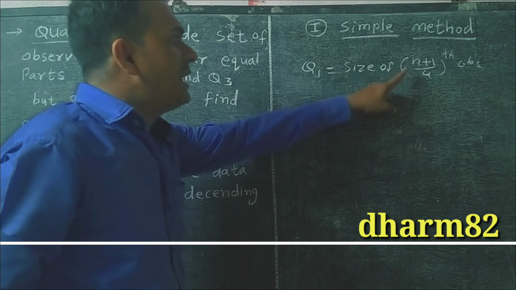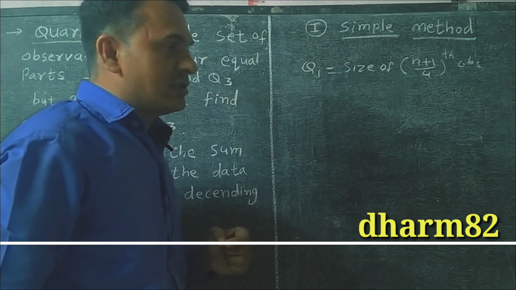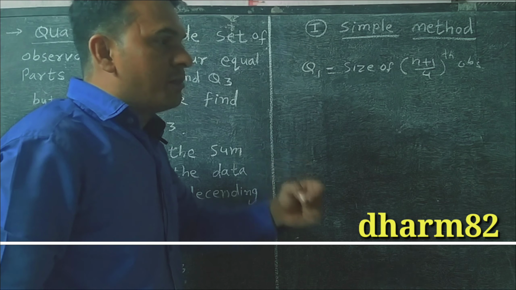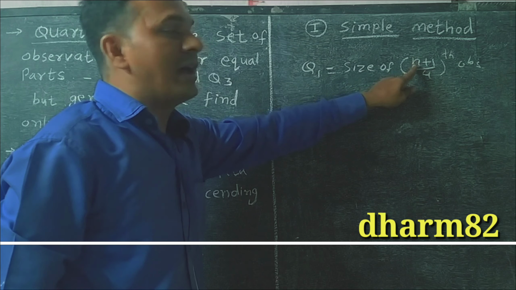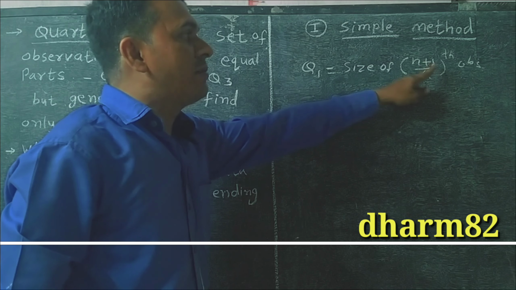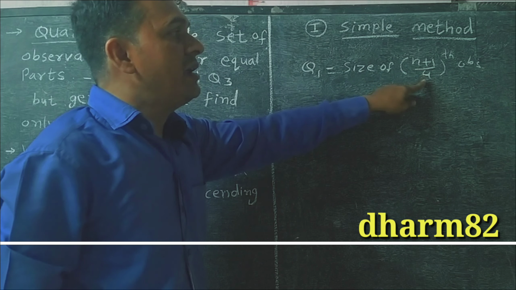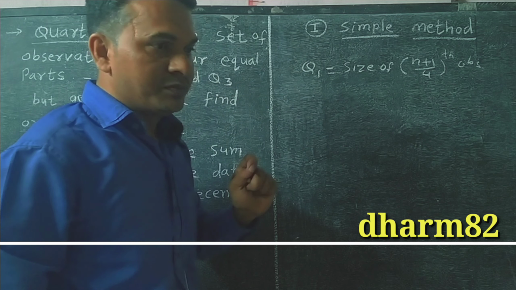Here n represents the total number of observations, means how many observations are given in the question. We count it and write here the value of n. Then add 1, then all divided by 4.